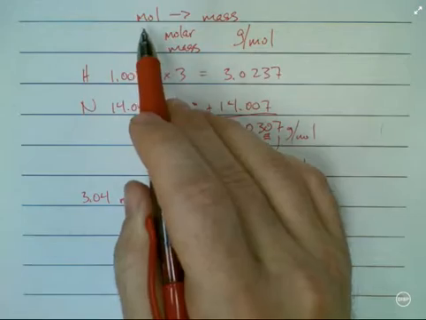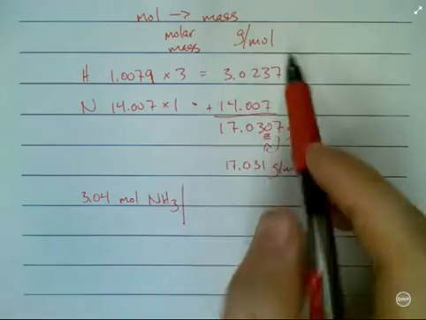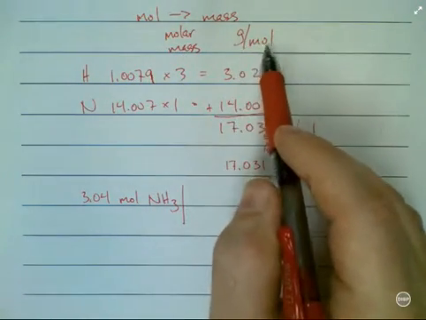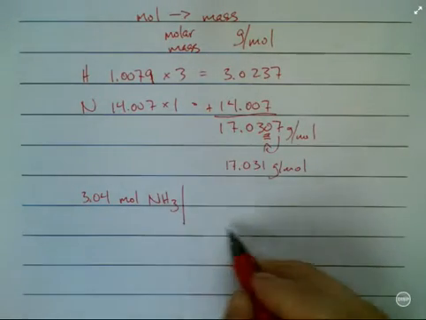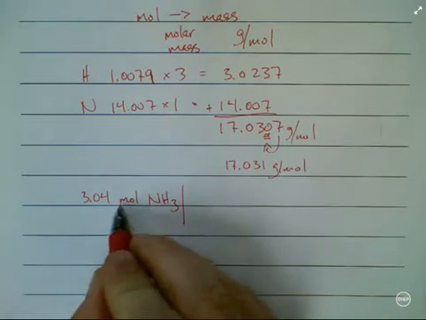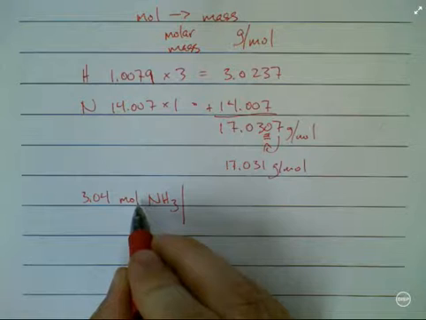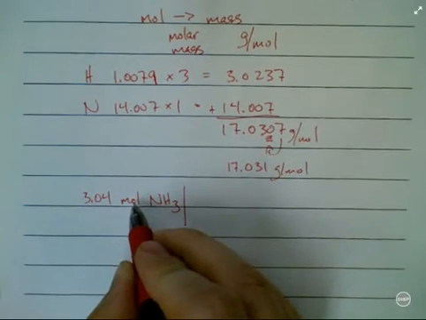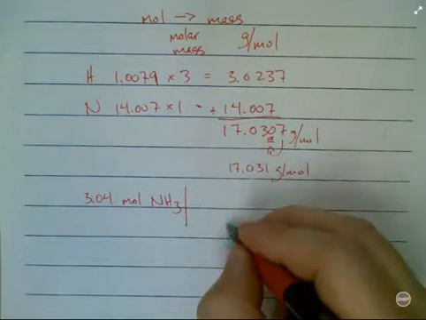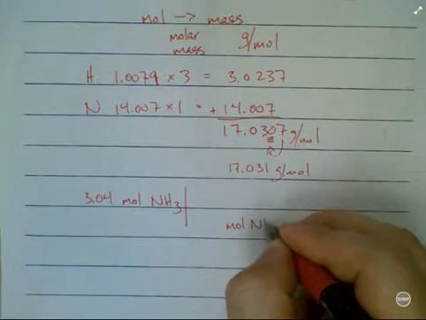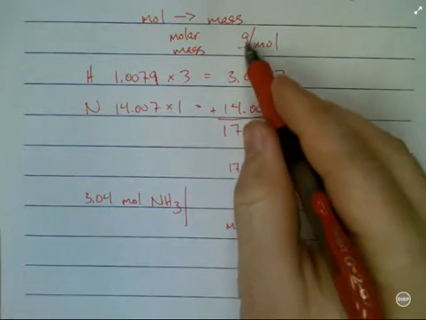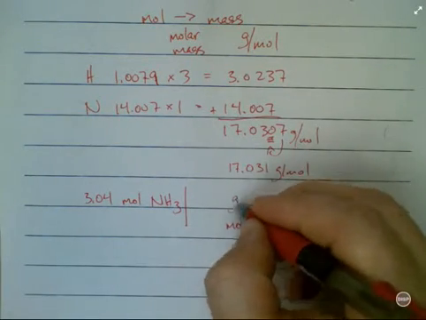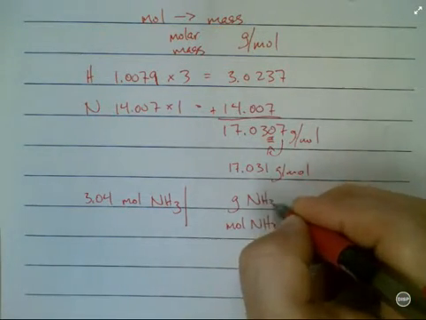Again, I know I'm using molar mass, so I'll be using both grams and moles. The question is, where do I want moles to be? Well, I know that I'm starting with moles, and I want that to go away because my answer needs to be in grams. So I'll take this moles, and I'll move it down diagonally to the right. Moles NH3. And so all that's left is to place the grams of NH3.